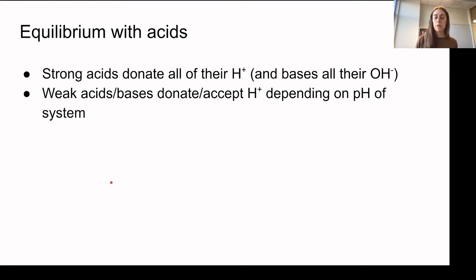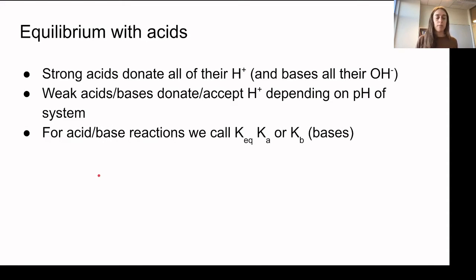So if we have something that already has a very low pH and we add a weak acid to it, it's not really going to donate that many of its protons. For acid-base reactions, we call this equilibrium constant Ka for acids or Kb for bases, just the equilibrium constant specific to that acid or that base.